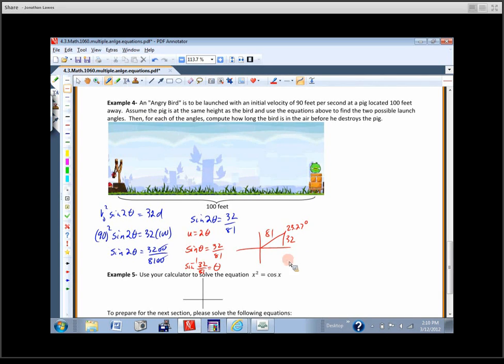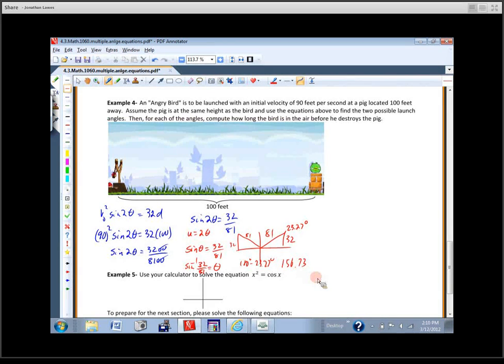Okay, is there another angle that has exactly the same sine ratio? Yeah, it looks like it's pointed over here. So this is 32, this is 81. If this is 180 degrees, we need to back off exactly that much. So we're going to do 180 minus 23.27. So the other answer is 156.73.